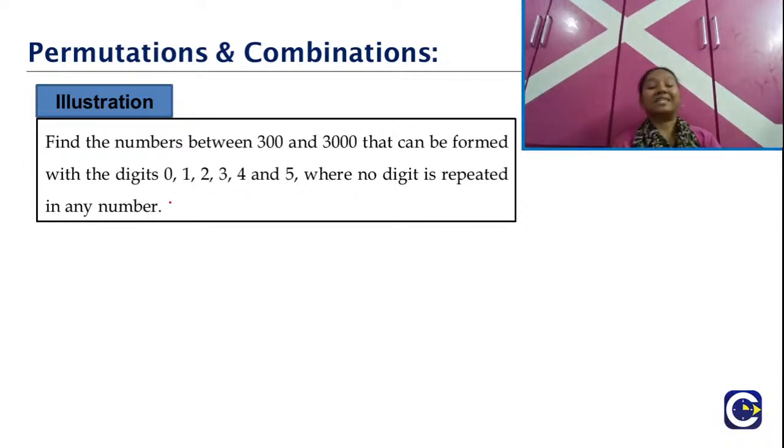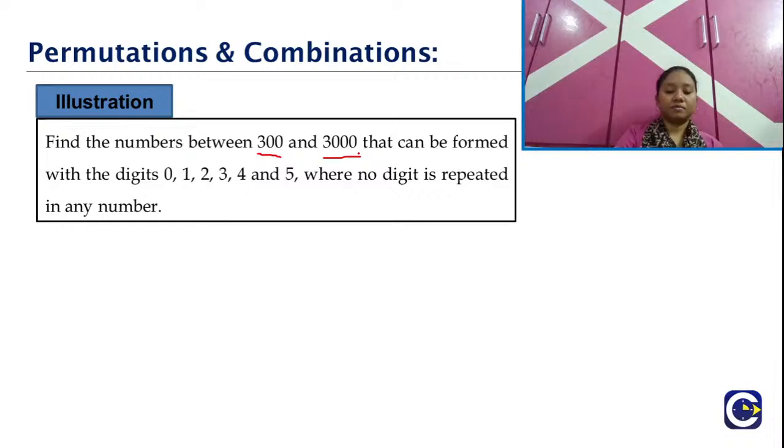So you have to check what are the digits given here and what can be placed, because they are asking for the numbers between 300 and 3000 only. So the numbers between 300 and 3000 will be how many digit numbers?